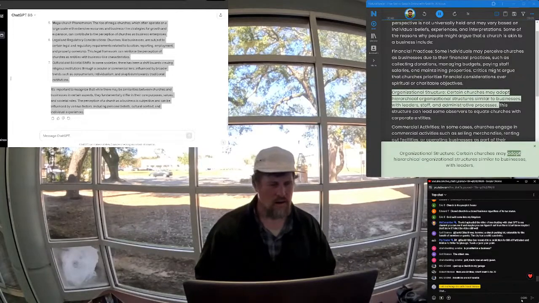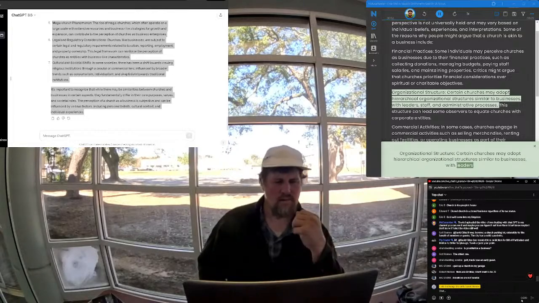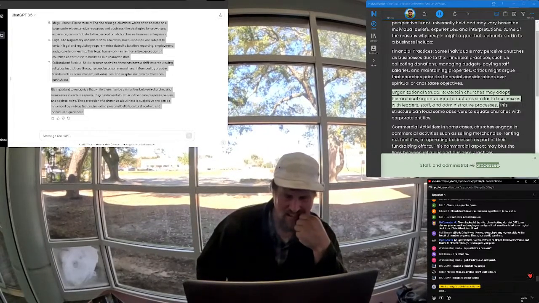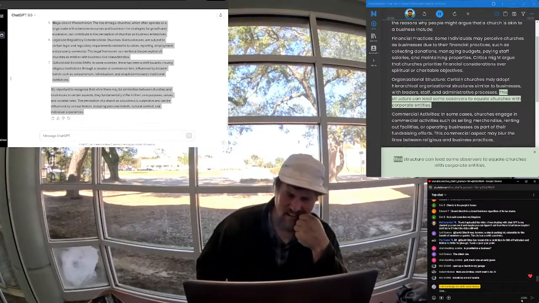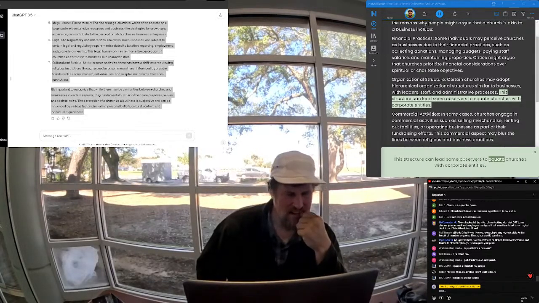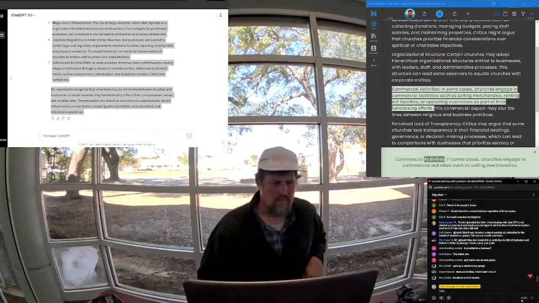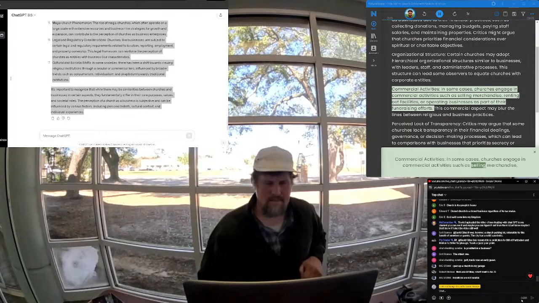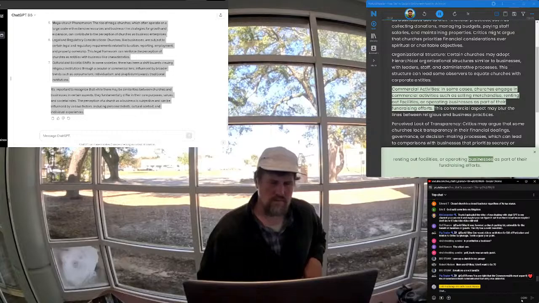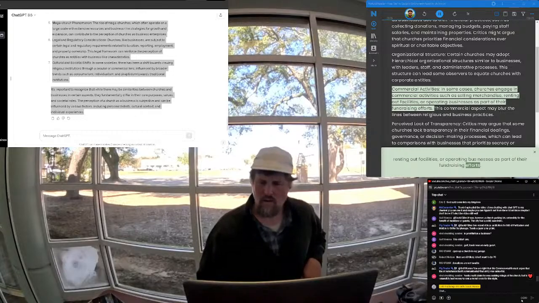Organizational structure. Certain churches may adopt hierarchical organizational structures similar to businesses, with leaders, staff, and administrative processes. This structure can lead some observers to equate churches with corporate entities. Commercial activities. In some cases, churches engage in commercial activities such as selling merchandise, renting out facilities, or operating businesses as part of their fundraising efforts.